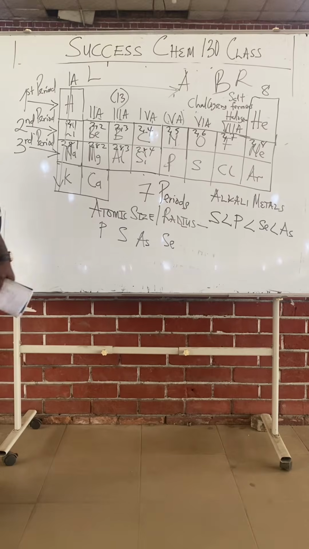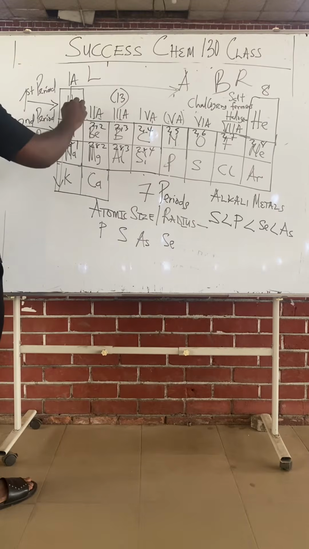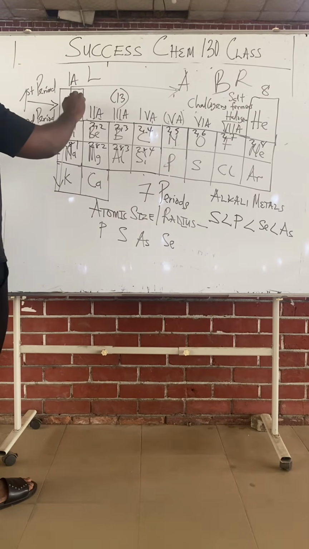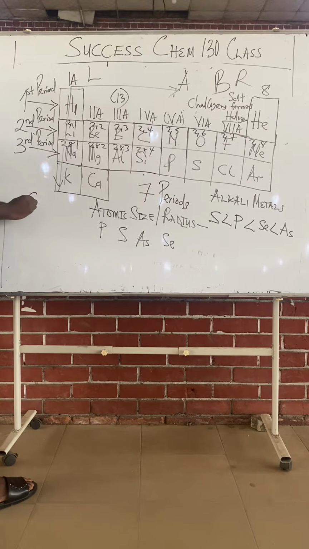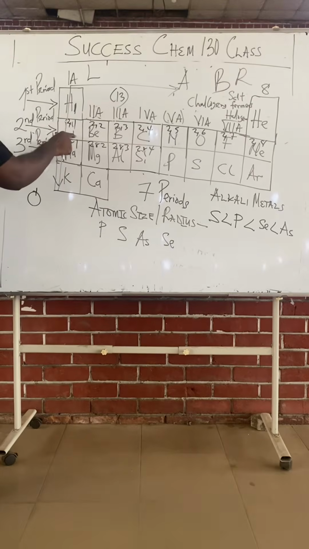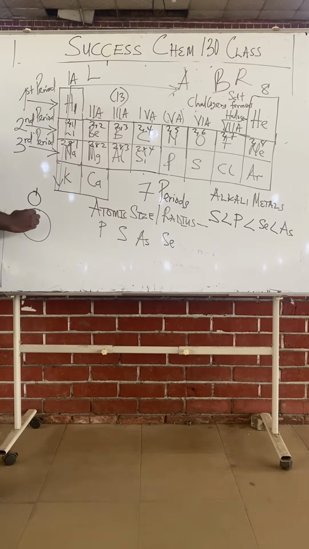Let me explain something to you first. Down the group, atomic size is increasing. Why? Because let's take group 1 for example. The electronic configuration for hydrogen is 1. So it has just one shell with only one electron, right? But lithium has 2 shells, 2, 1. So you are drawing 2 shells. Is it not already bigger in size? 2 electrons inside and 1 electron outside.